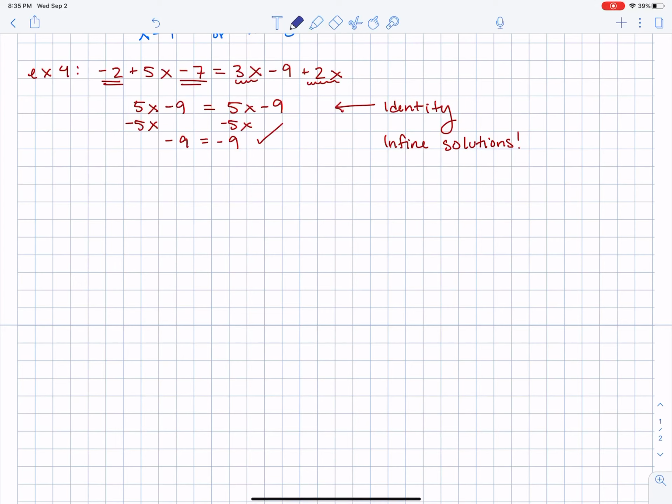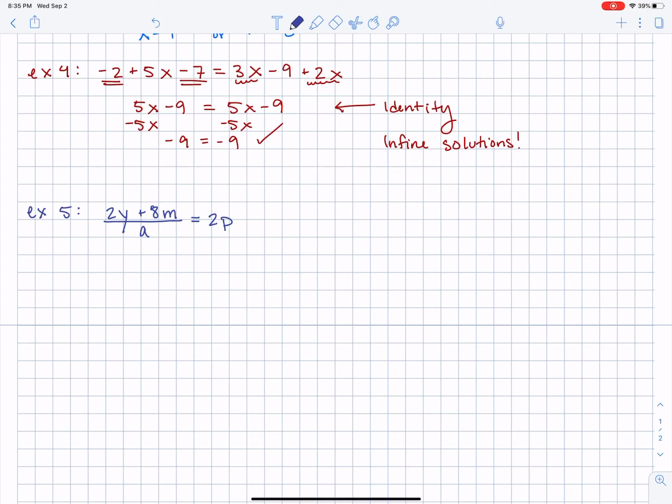All right. Our last one, you might know what it is. It's section 1.5. It's a literal equation. So 2y plus 8m over a is equal to 2p.